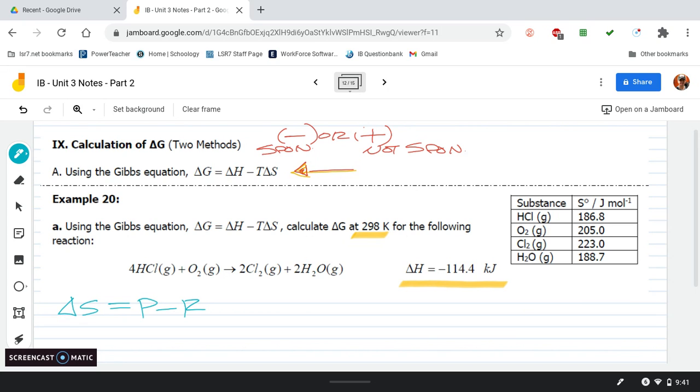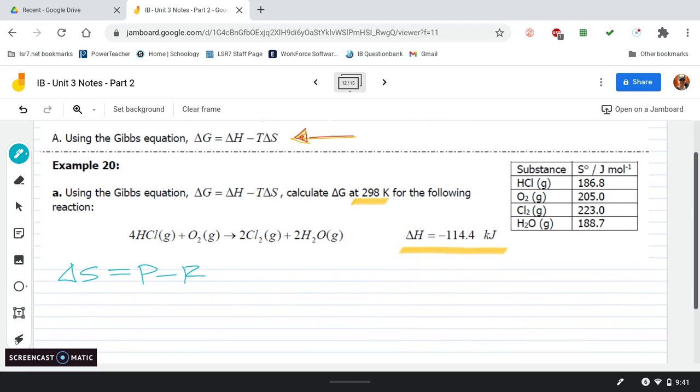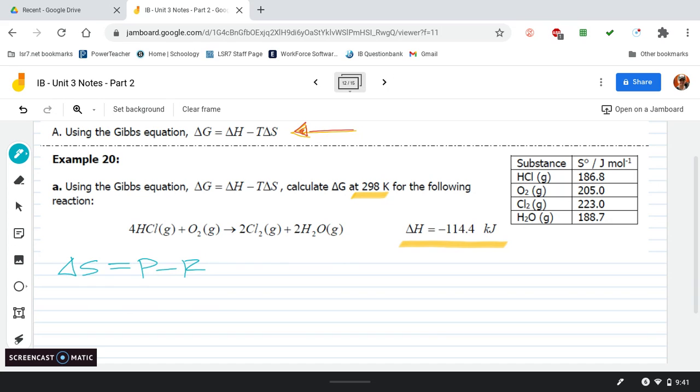This one has a fairly significant amount of products and reactants, so let's go ahead and do the math. We're going to start off with 2 multiplied by chlorine's value right here. So 2 multiplied by 223.